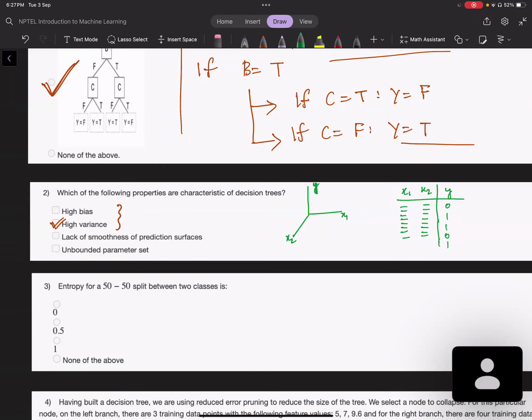What it will do is look at all the zeros and all the ones, and then make a decision. It will decide that if the value of x1 is more than some value theta 1, and if the value of x2 is more than some theta 2, then this is 0 or it is 1.